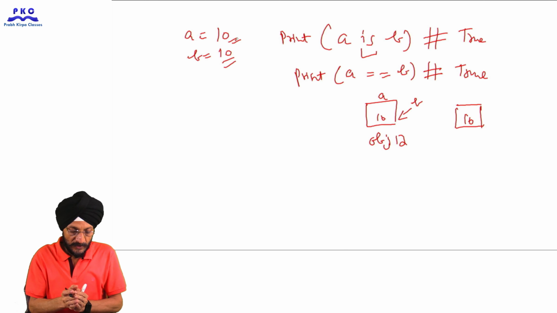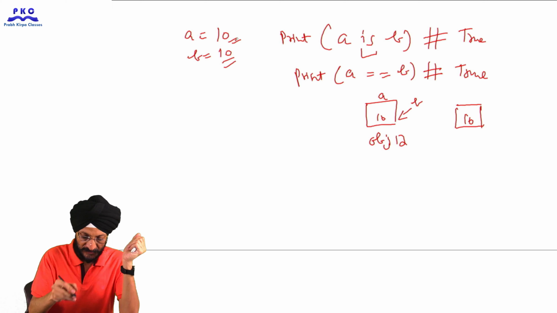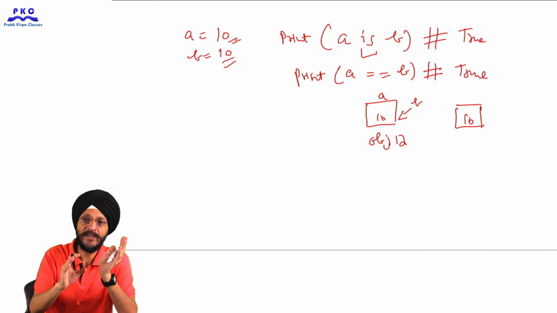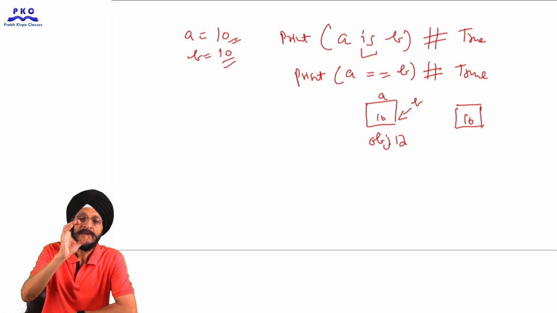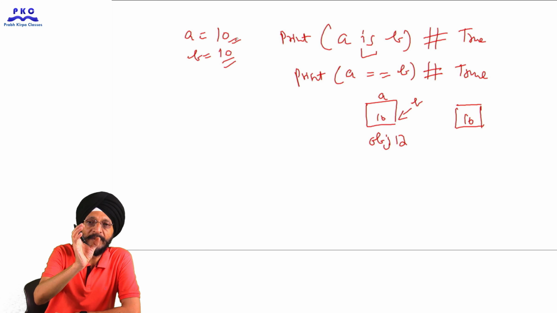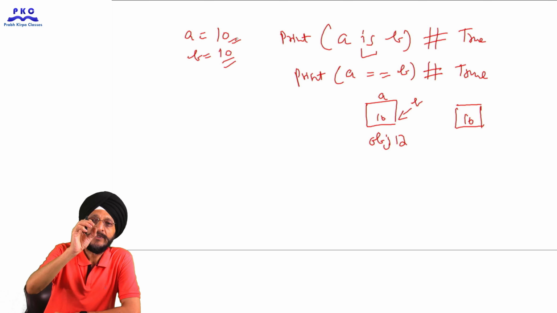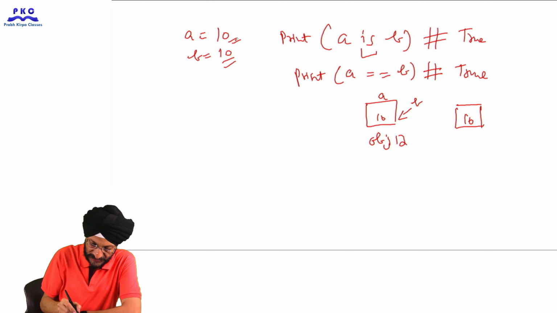So though here the result of both the identity and equality operator is the same, the working is different. One is comparing the memory location, or comparing whether two variables refer to the same object in memory.